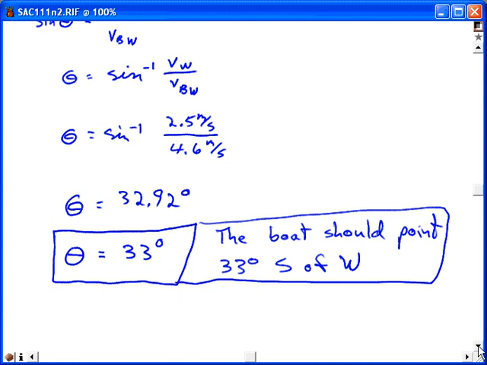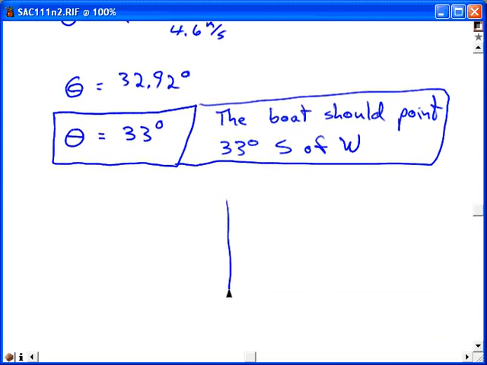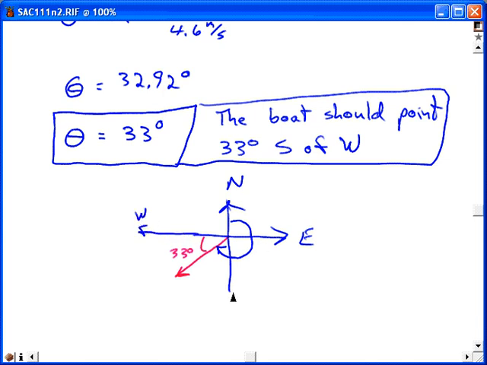And because west is at a compass heading of 270 degrees, there's north, east. Remember, compass directions are measured eastward from due north. And we're talking about a compass direction like this, that's 33 degrees south of due west. Or south is in this direction, of course.